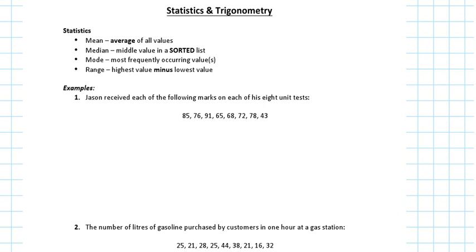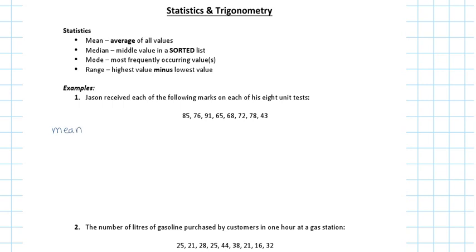So let's look at this set of data. Jason received each of the following marks on each of his 8 unit tests. Obviously they're asking you to find the mean, median, mode, and range. If you're going to start with your mean, you have to put them all in order.